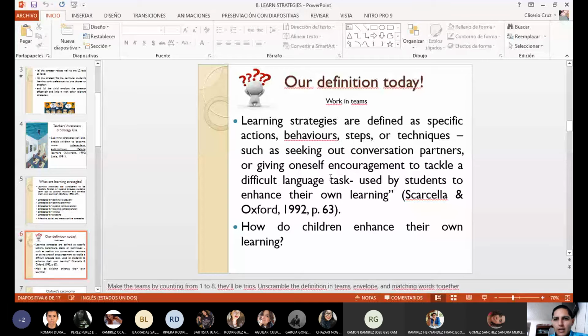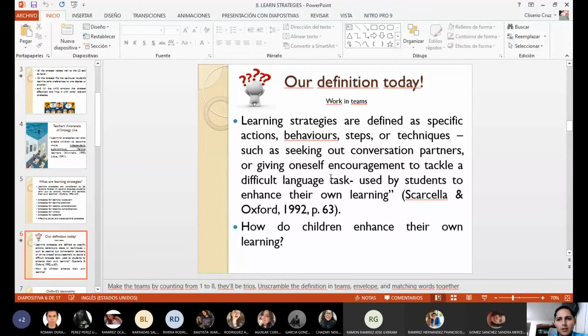According to Oxford, learning strategies are specific actions, behaviors, steps, and techniques. She gives a couple of examples: conversations, giving oneself encouragement, and I don't know if you can remember Vygotsky's theory of inner speech, you know.